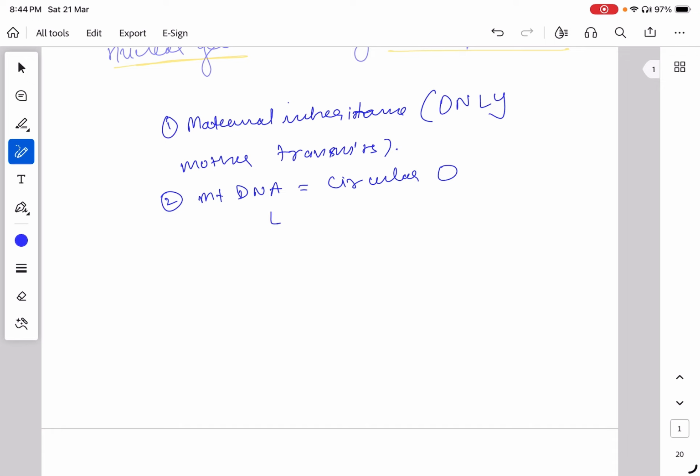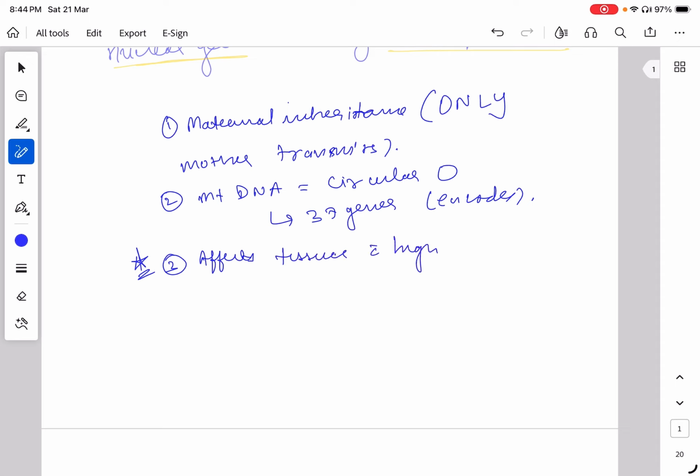And how many genes does it encode? It encodes 37 genes. The other very important feature is that mitochondrial disease shows a predilection for tissues with high energy demand.